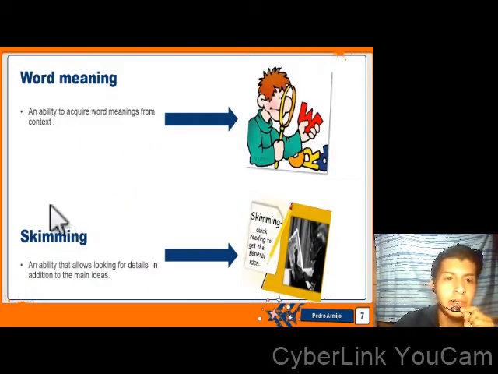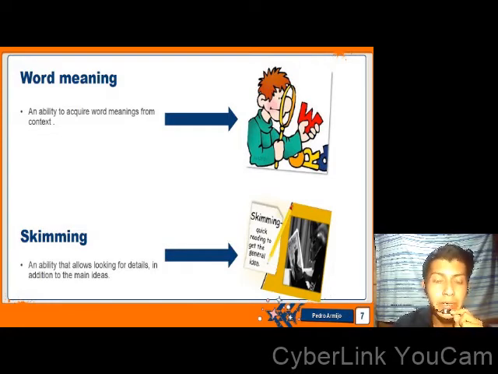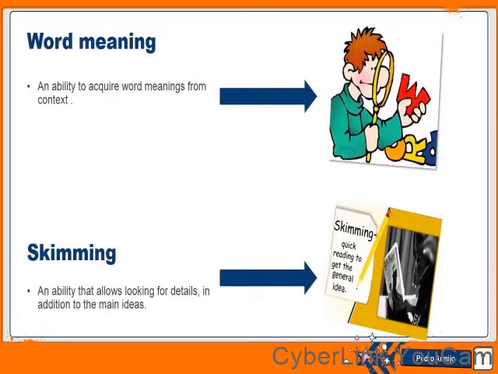reading for word meaning. According to the author Diakidoy, reading for word meaning, the ability to acquire word meanings from context, is a major asset, contributing further to the comprehension and providing an indication of the ability to learn from text.